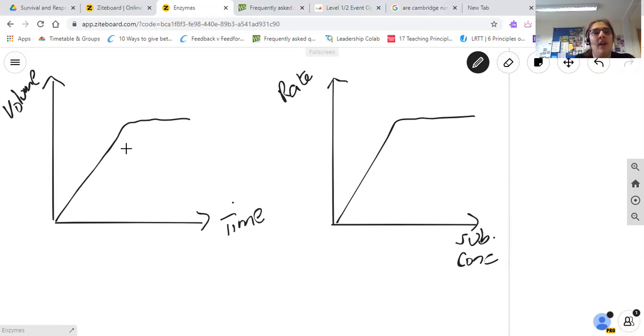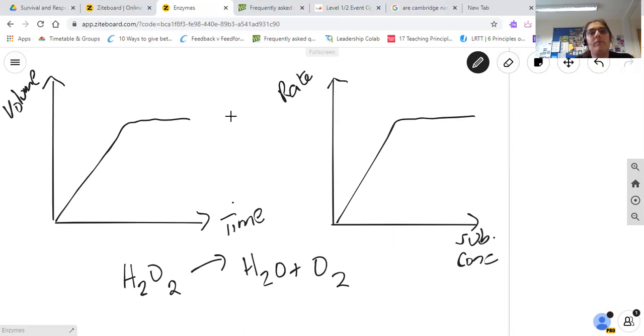Here, we are looking at the process of one reaction, and the reaction volume of the product increases as the reaction takes place. So this was the reaction before. In other words, you are measuring the volume of oxygen produced, and it will go up and up and up, and then it will stop being produced. It will level off, i.e. no more volume. And that's because you've run out of hydrogen peroxide.